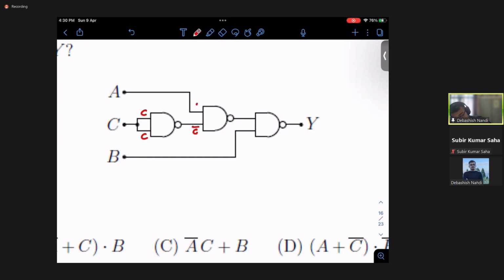And here A is coming, right? So this will be A, C bar, and another NOT. And B is coming here directly. So this will be A, C bar, B.